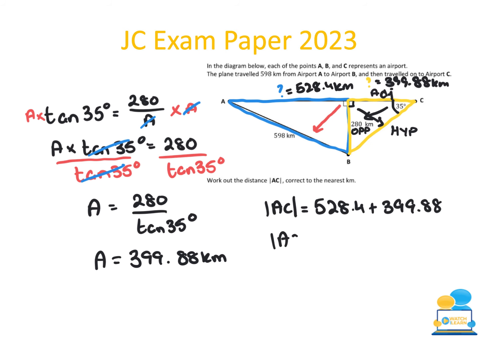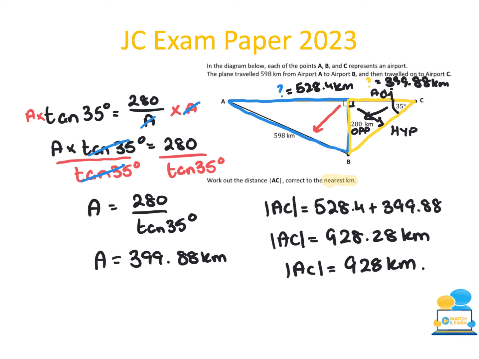That gives me an answer of 928.28 kilometres. Now the question asked me to give my answer to the nearest kilometre, so I'm going to round my answer. The length of airport A to airport C is 928 kilometres. And that's my final answer for that question.